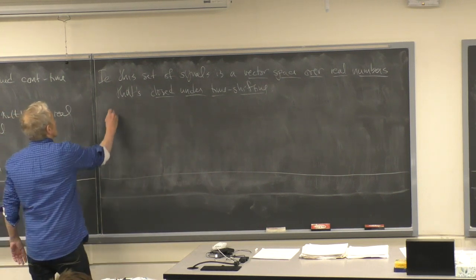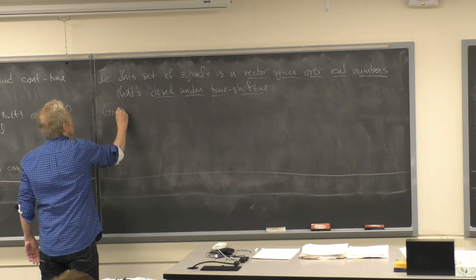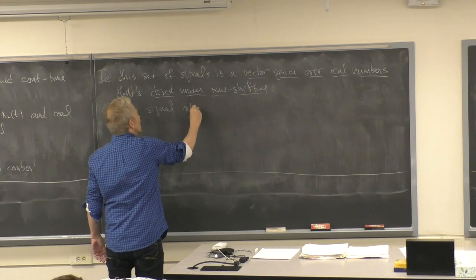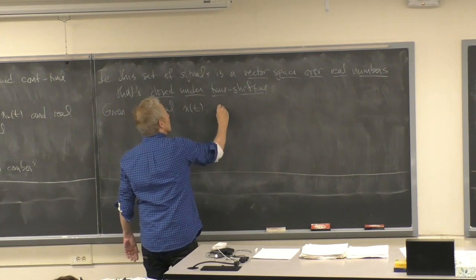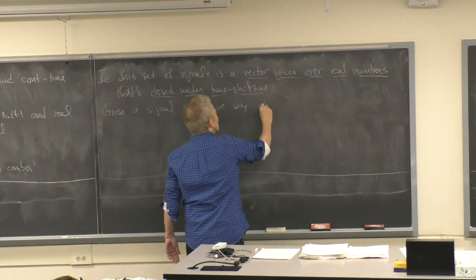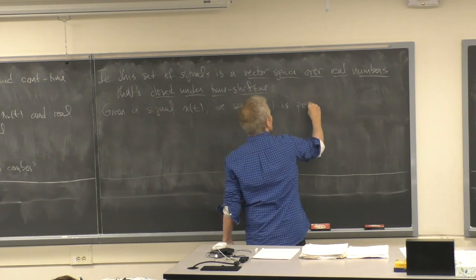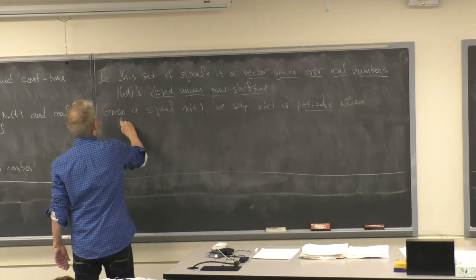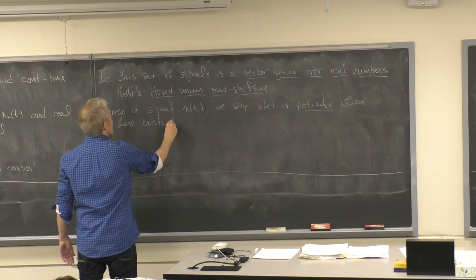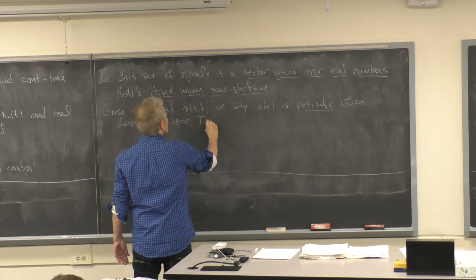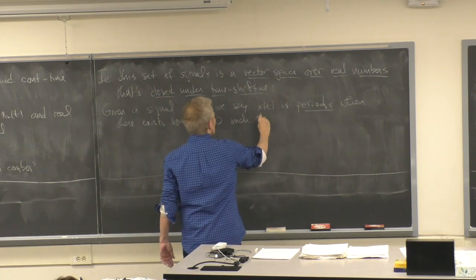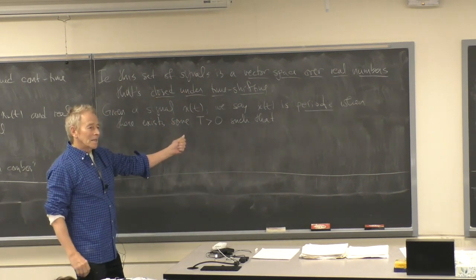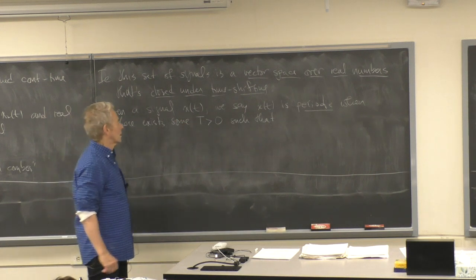Okay. So if I'm given a continuous time, continuous valued signal, and I'll just say signal for now, x of t, we say that x of t is periodic when there exists some capital T bigger than 0 such that when I shift x by T using time shifting, I get x of t back.